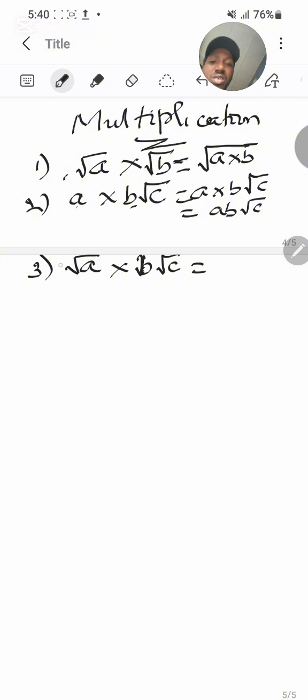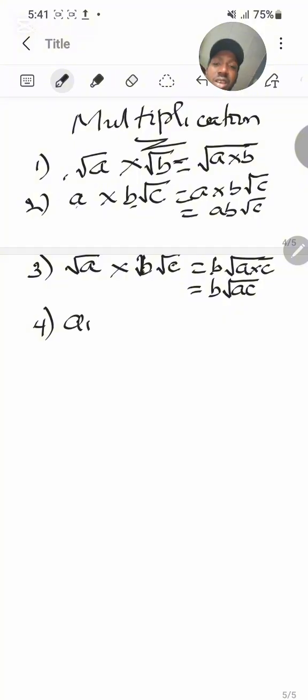So there is an invisible 1 beside this root A. So that 1 is going to multiply B. That will give us B. Then root A times root C, that's going to be root AC. And that's going to give us B root AC. So anytime you are multiplying two surds, their contents always multiply themselves, and the number that is outside is going to come outside repeatedly.